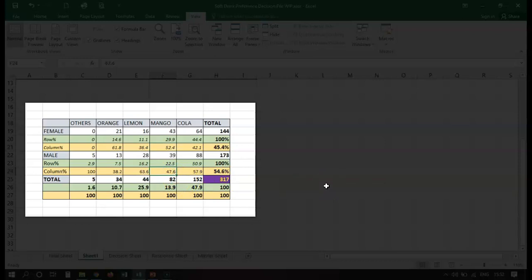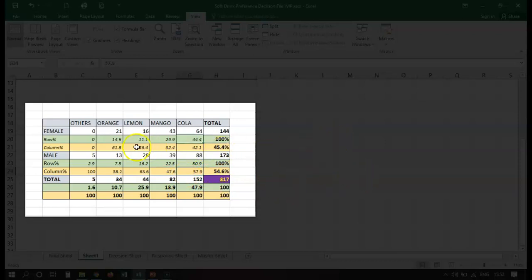So now what happens with this data? We can really find a relationship, because we have already rejected the null hypothesis. Null hypothesis rejection means that there is a relationship between the favorite flavor and the gender of the person. So what we have found here is that cola is favorite among males, because 58% of those who said that cola is their favorite are males.